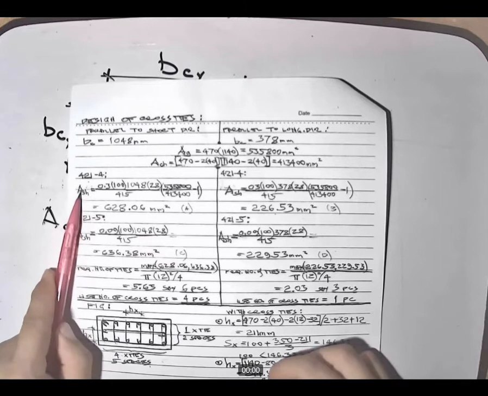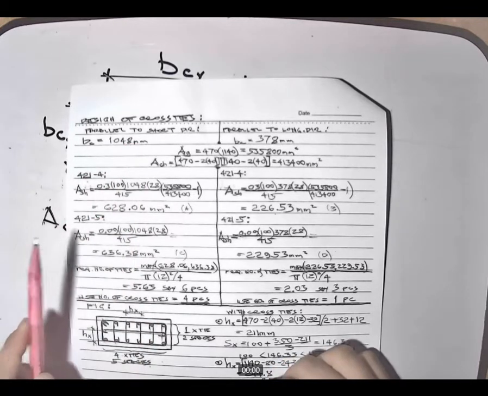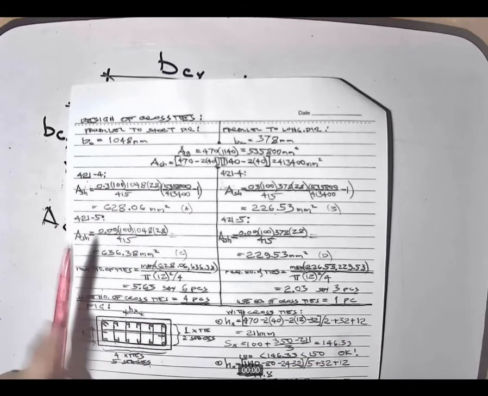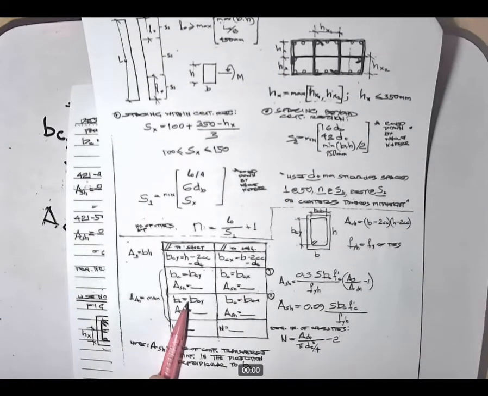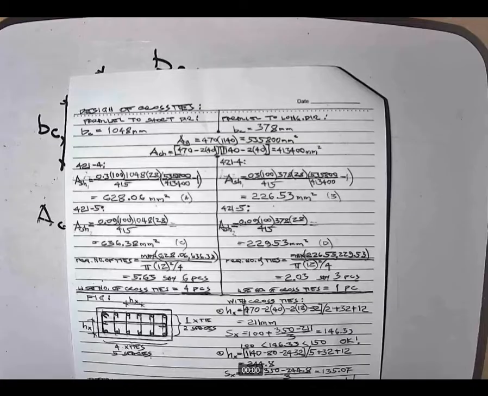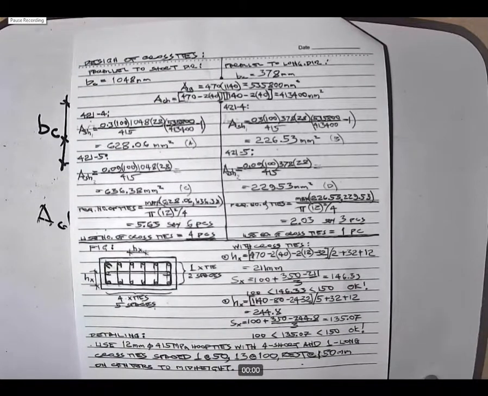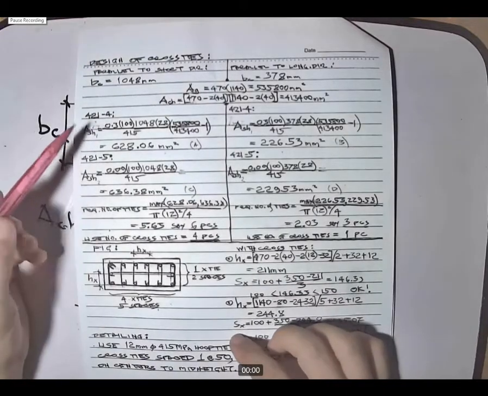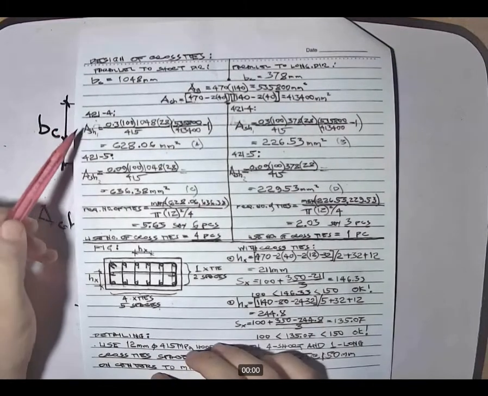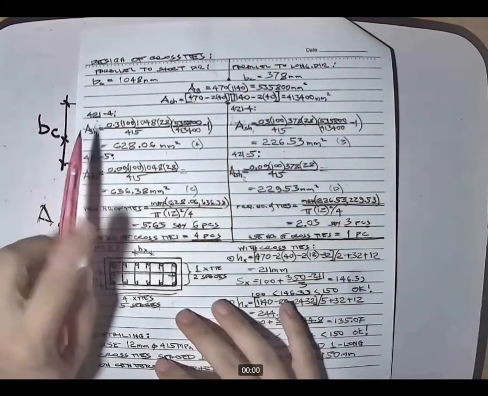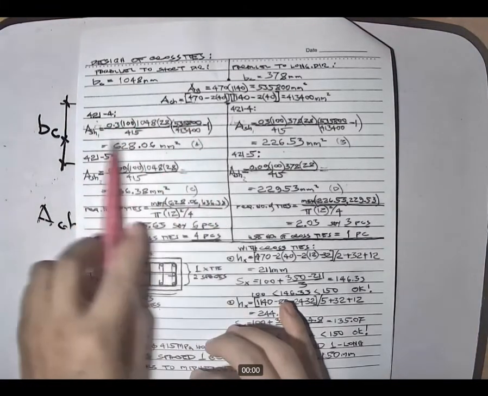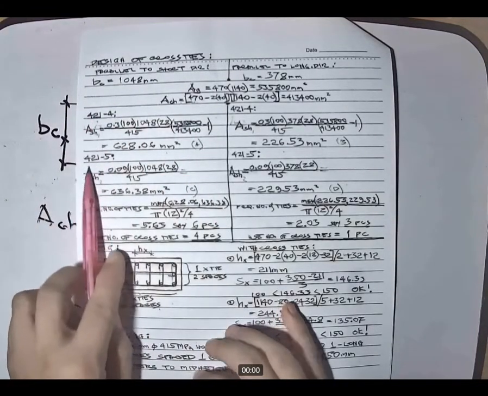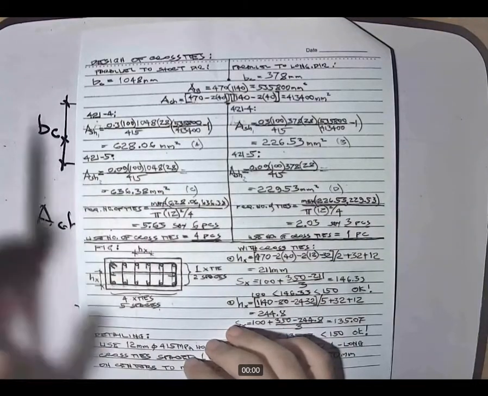So dito tayo sa ASH, which is parallel to short direction. Now, saan galing yung ASH na yan? Ito yon. Okay? Okay, so we have here two conditions for ASH. So from 421-4, ito ang kanyang equation. For 421-5, ito naman ang equation.